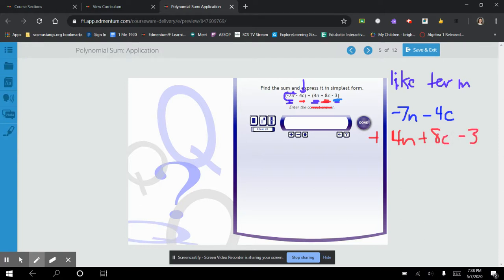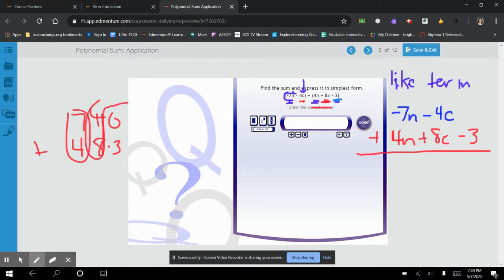Then I'm adding it vertically, kind of like we would add 740 if we just pulled out the numbers, plus 480, and then a negative 3. So we're kind of looking to add things like this.